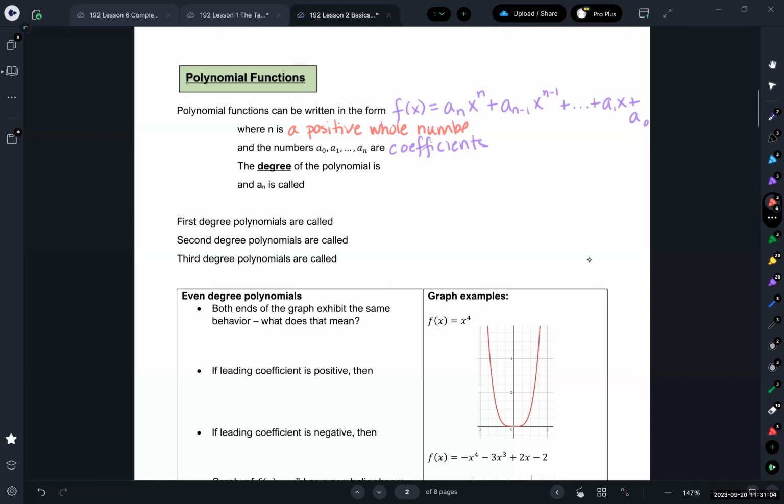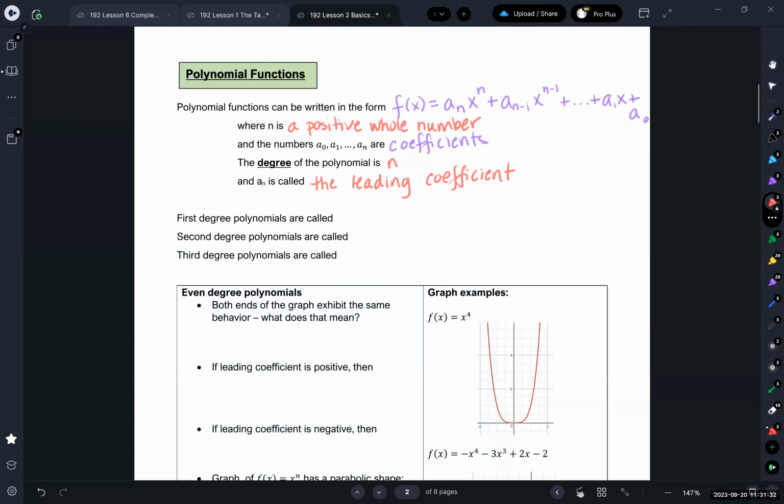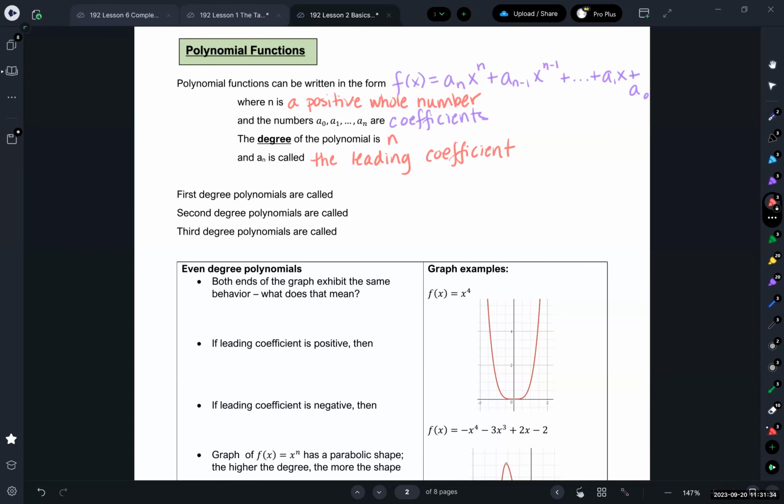It's not a fraction, and it's not negative. It's also the degree, which means it's the highest exponent that we see. We also call the coefficient that's on that highest degree term the leading coefficient. So just bringing back some vocabulary that you might remember from algebra.